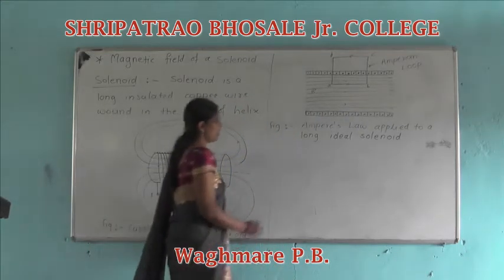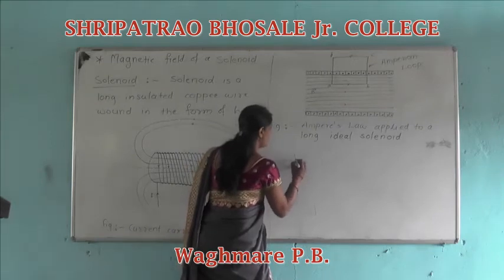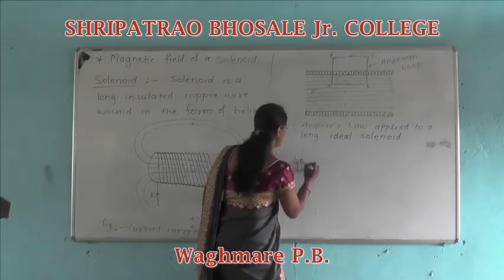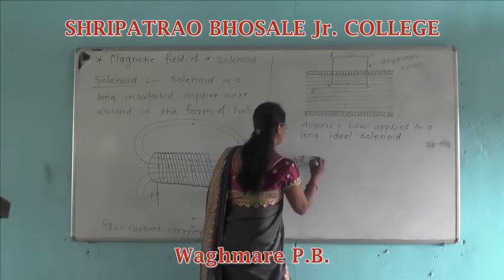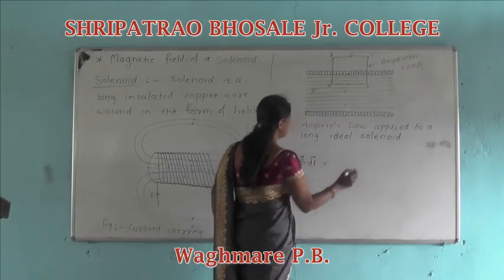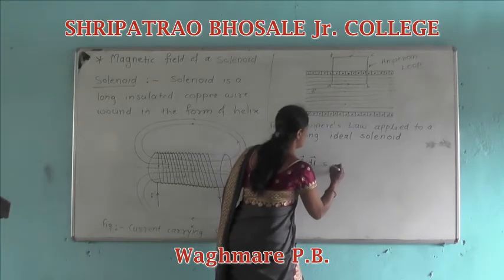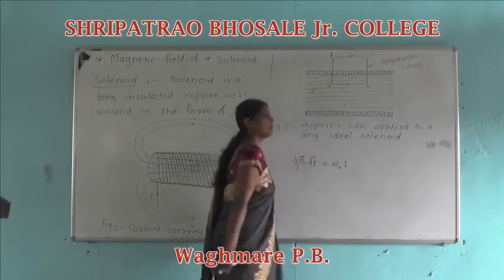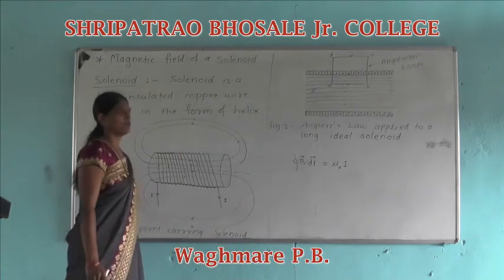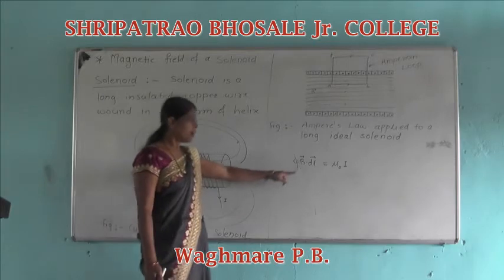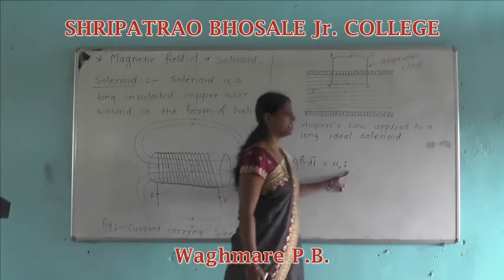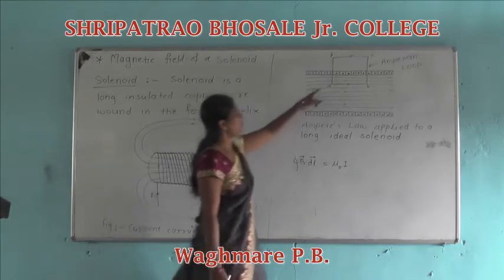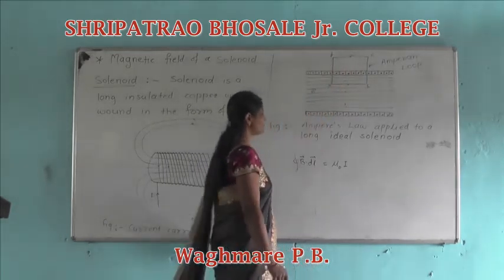By Ampere's law, we know that the line integral of the magnetic field over a closed loop is equal to mu naught times the total current encircled by the loop. Now this loop is considered here.